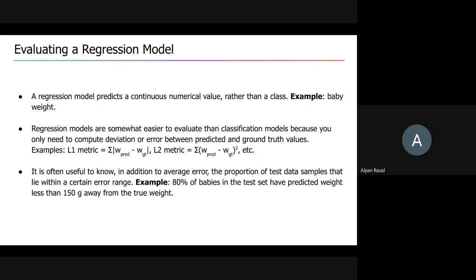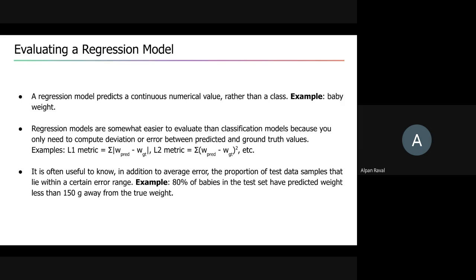Now, so far, all that we've been talking about is in the context of classification models. I've always taken the example of a classifier, and mostly a binary classifier that takes one of two decisions. But there are other types of models, and in our work we do look at other types of models, like regression models.